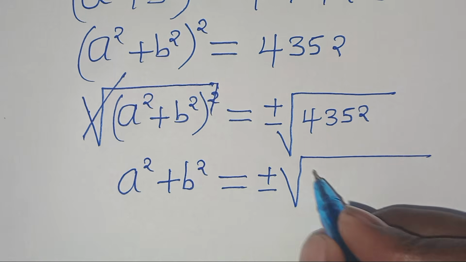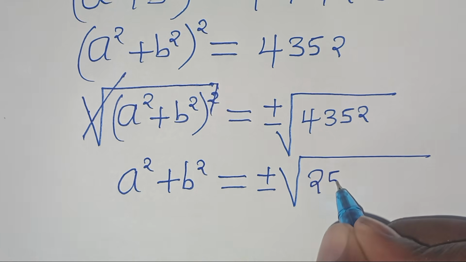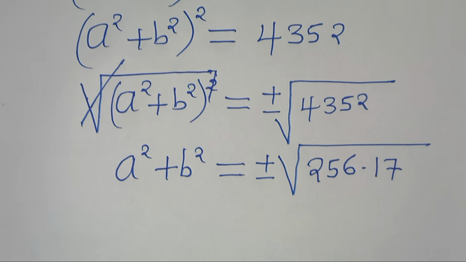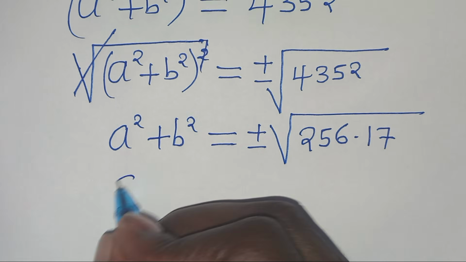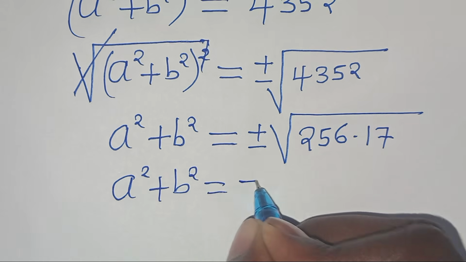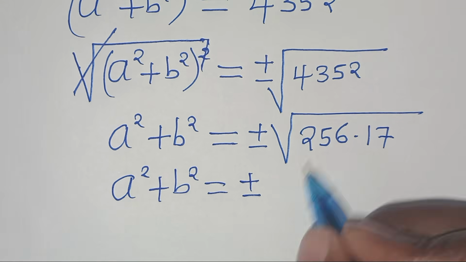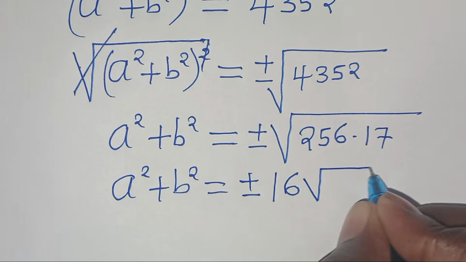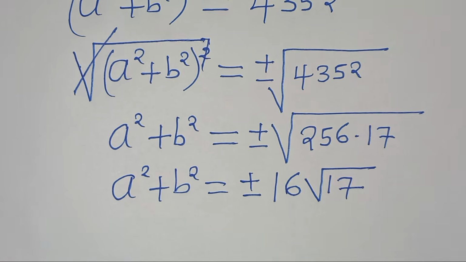4352, and this is the same thing as 256 multiplied by 17. So this is to mean that we have a squared plus b squared. This is equal to plus or minus the square root of 256, which is equal to 16, multiplied by square root of 17.